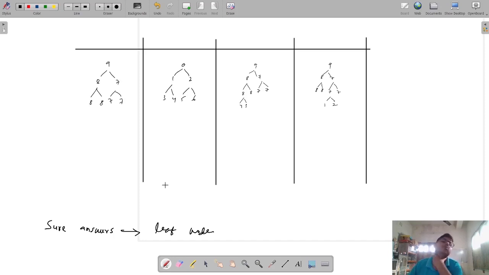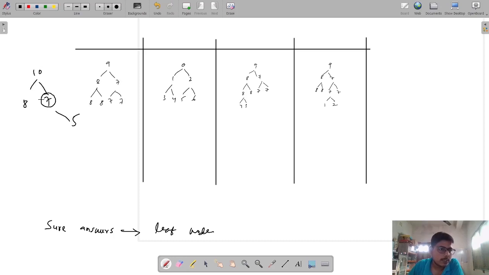Okay. So what are the leaf nodes? I hope you know the leaf nodes. The leaf nodes are the nodes which have both subnodes as null. So this has two subnodes, left node and right node, which are null. This 8 has left and right node as null. Similarly for this case, this. Okay. So suppose I gave you this one, 9, 8, 7, 5.